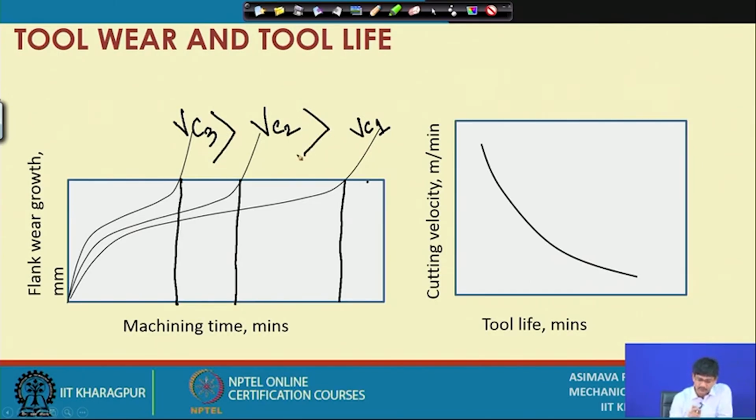Why? If you use a higher cutting speed, obviously the tool will undergo a higher rate of wear, which is shown by this particular curve.